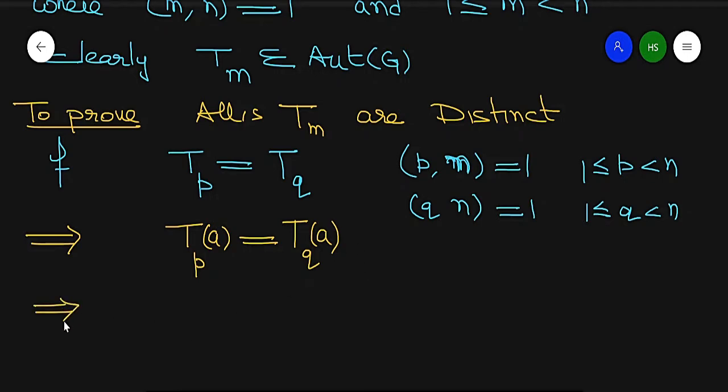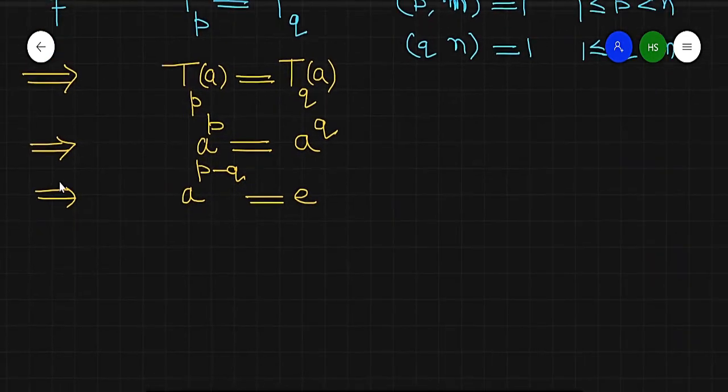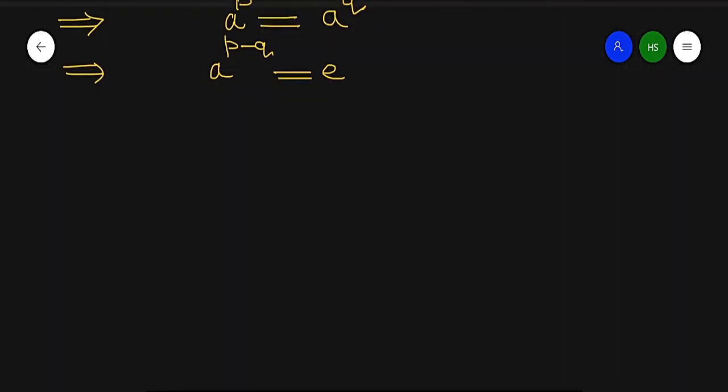By definition, it becomes a raised to power p equals a raised to power q. So a raised to power p minus q is equal to identity. So by definition, the order of a divides p minus q.